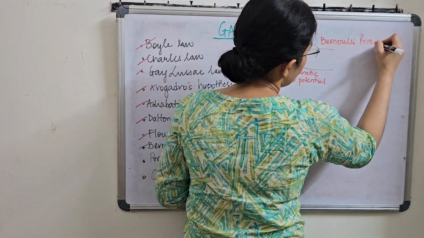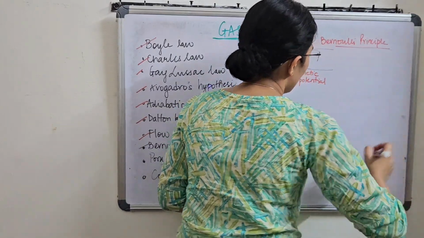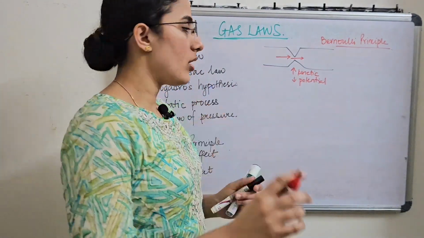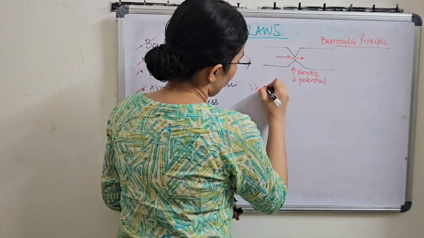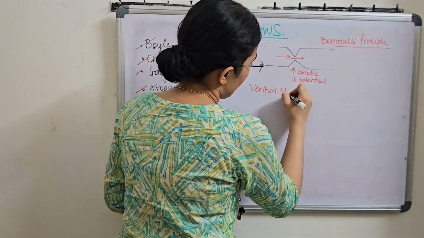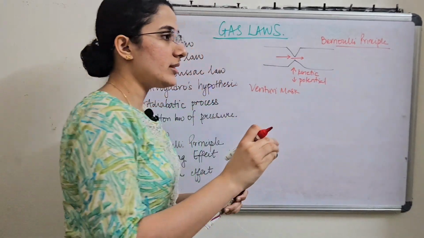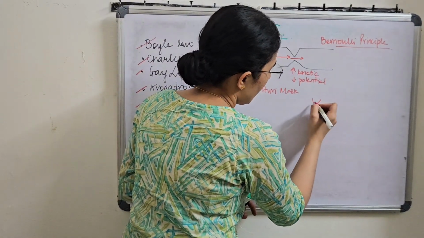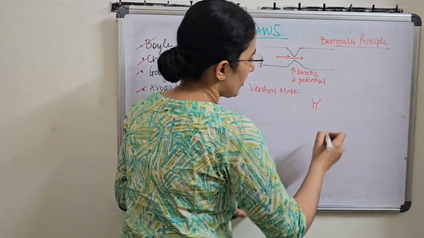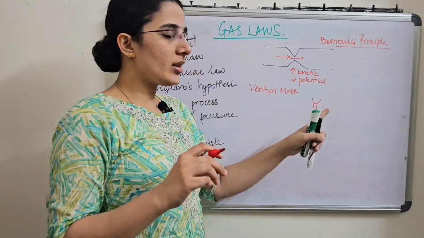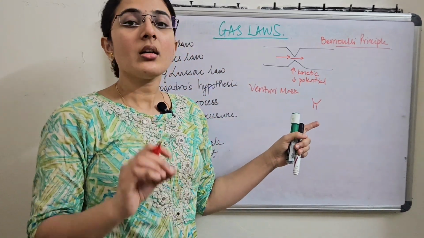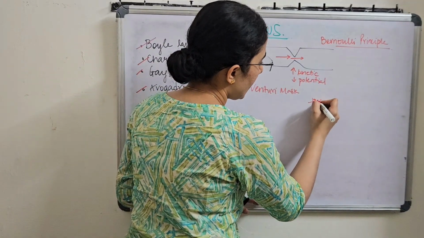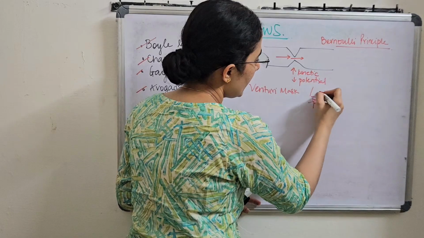Based on this principle, we have several apparatus. Most common of them is the Venturi mask, right? In the Venturi mask, we would have noticed that the nozzle contains a constriction. At this constriction point, the potential energy or pressure drops and the kinetic energy increases, which in turn causes entrainment of air.